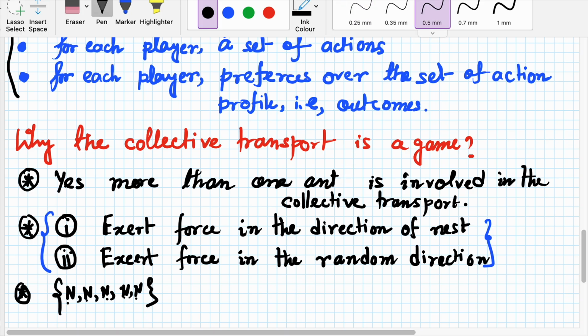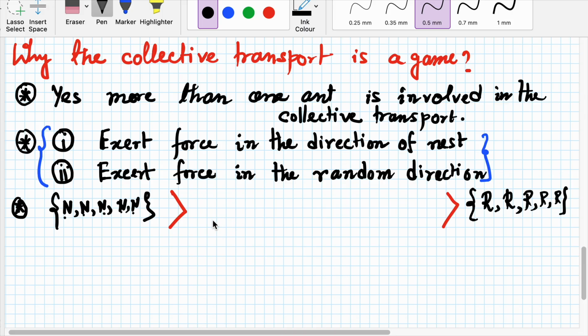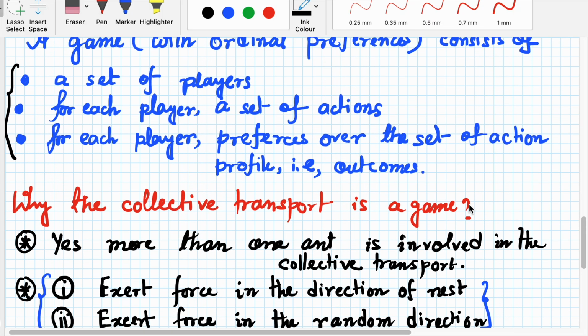So obviously this is the most preferred action profile, and the least preferred will be everyone exerting force in random directions. The others are intermediate, but we know that there exists some preference among them. So yes, obviously the third is also satisfied, and the situation is a game.